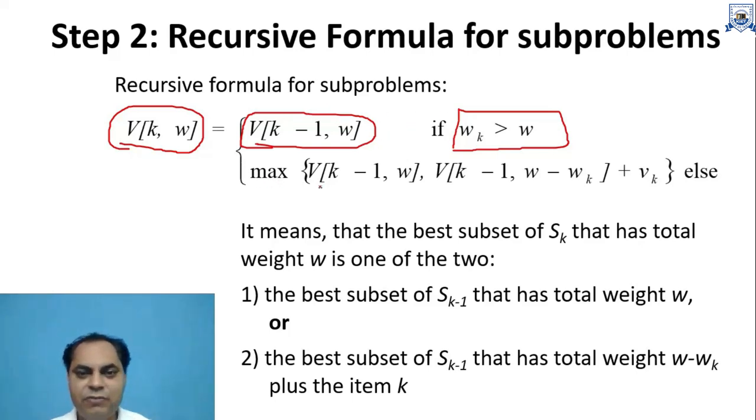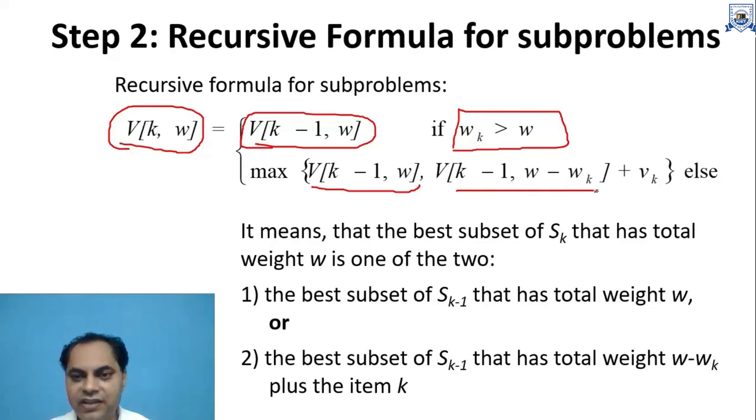Otherwise you have two possibilities: you may pick the item or you may drop that item. If you drop that item, that means you are voluntarily not considering it, then the solution would be V[k-1,w]. The current capacity of the knapsack doesn't change, but you are not considering the kth item. The second possibility is that you consider the kth item.